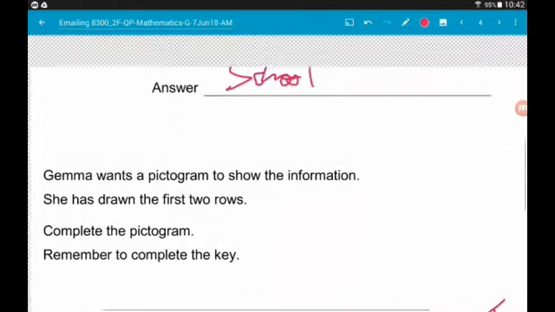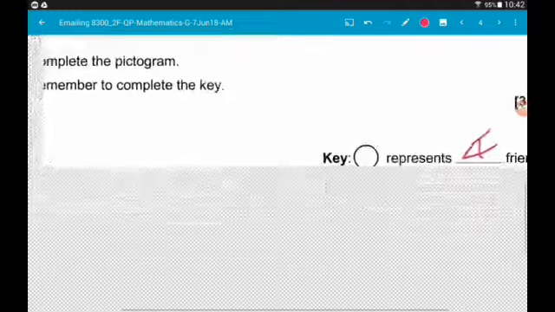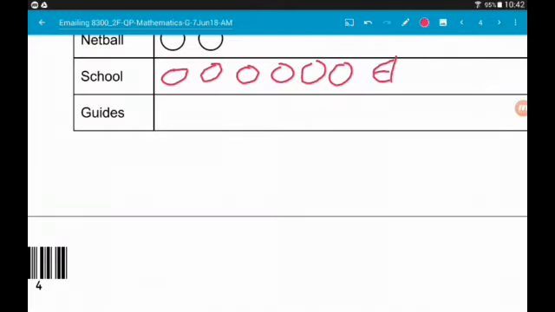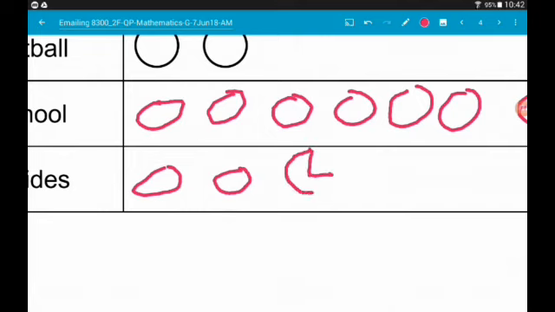And then, for guides, there are 11 people. So, 2 whole circles is 8. Now we need 3 more. So that's going to be 3/4 of a circle. Cool.